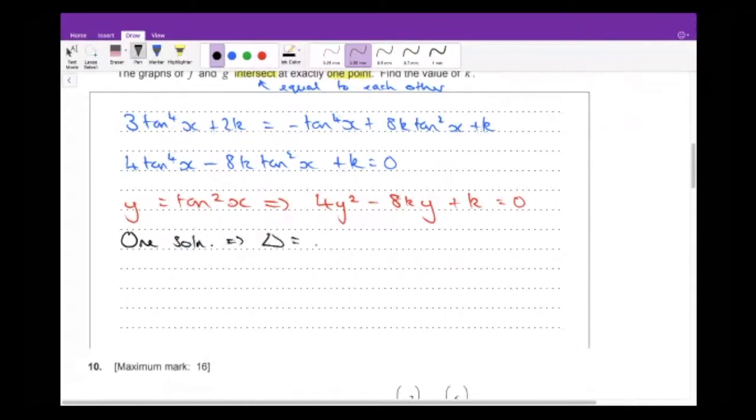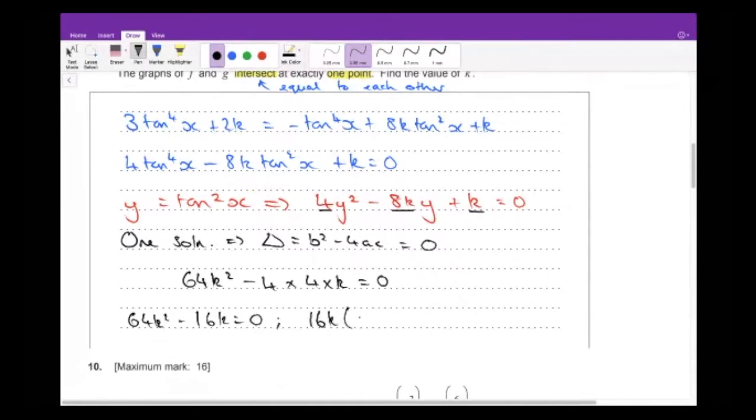Now, if it's got one solution, we know the discriminant is equal to 0. So delta, which is b squared minus 4ac, equals 0. So putting in b, which is 8k, a, which is 4, and c, which is k, I get that 64k squared minus 4 times 4 times k equals 0. 64k squared minus 16k equals 0, and we can factorize this to get 16k, 4k minus 1 equals 0.